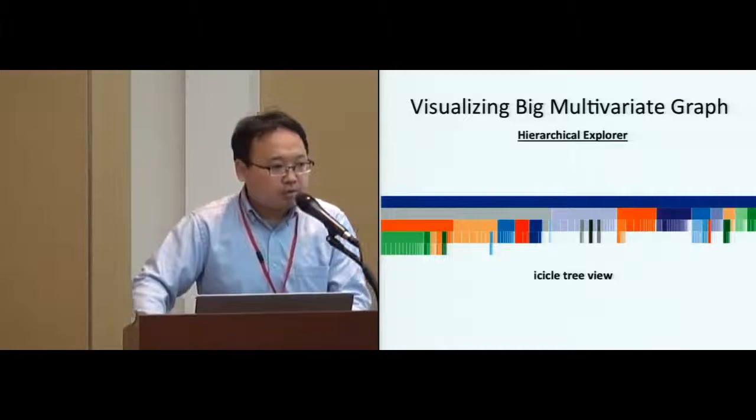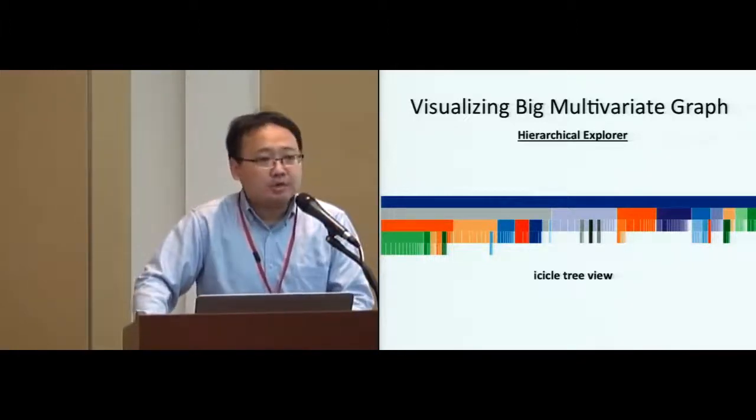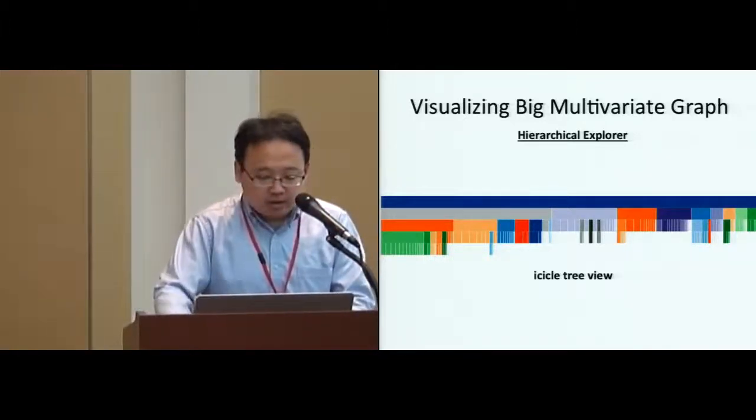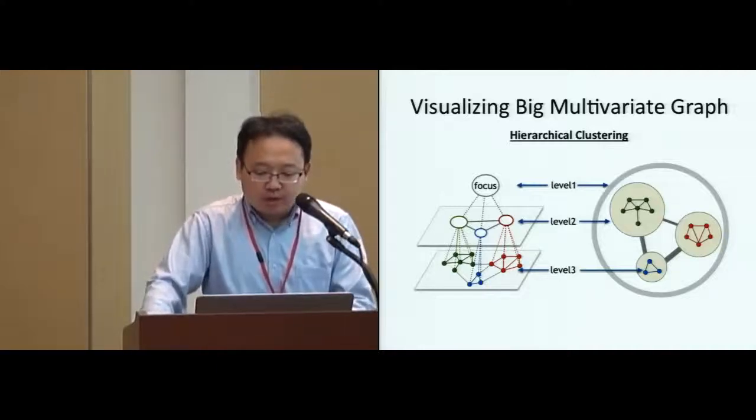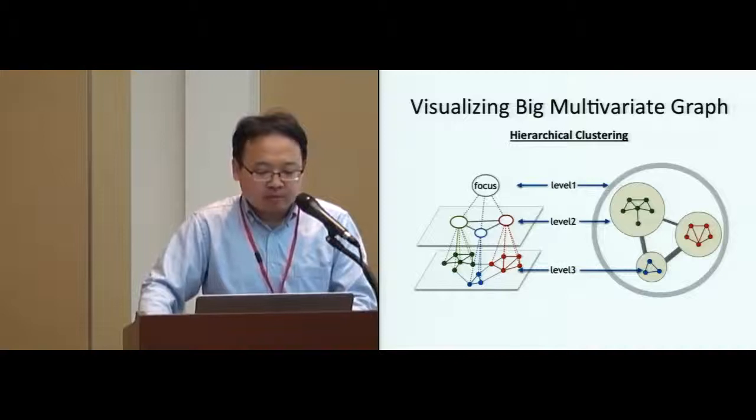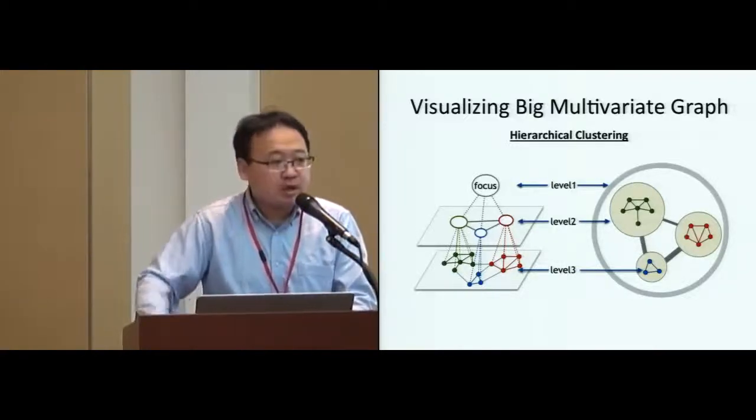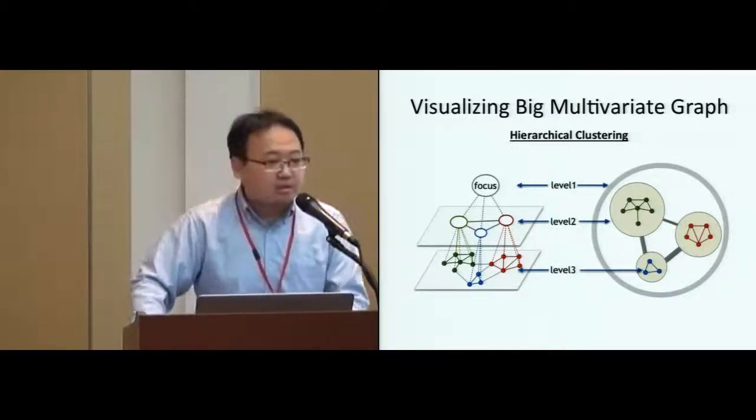The hierarchy information has been directly visualized in an icicle tree view. And the multivariate graph itself will be visualized level by level in a graph explorer in forms of hierarchically packed circles.